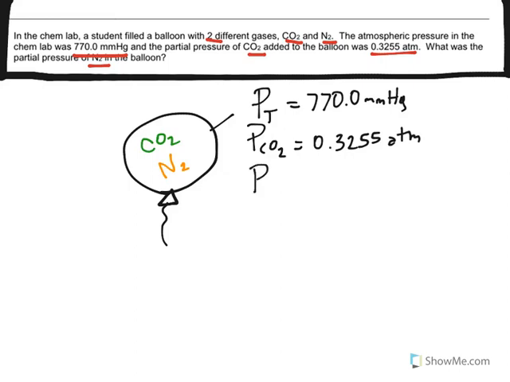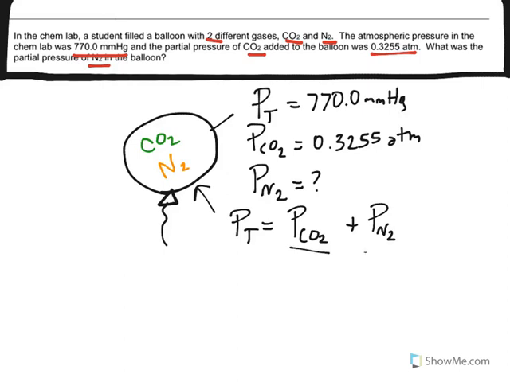And the question is, what is the partial pressure of nitrogen? Well, if we turn to our equation, we know that the total pressure of this system is going to be the sum of those 2 partial pressures. We already know one, we just need to find the other, and we know the total pressure. And this question wants us to fall for the silly mistake. These units are not the same. And they must be if we're going to solve it correctly.